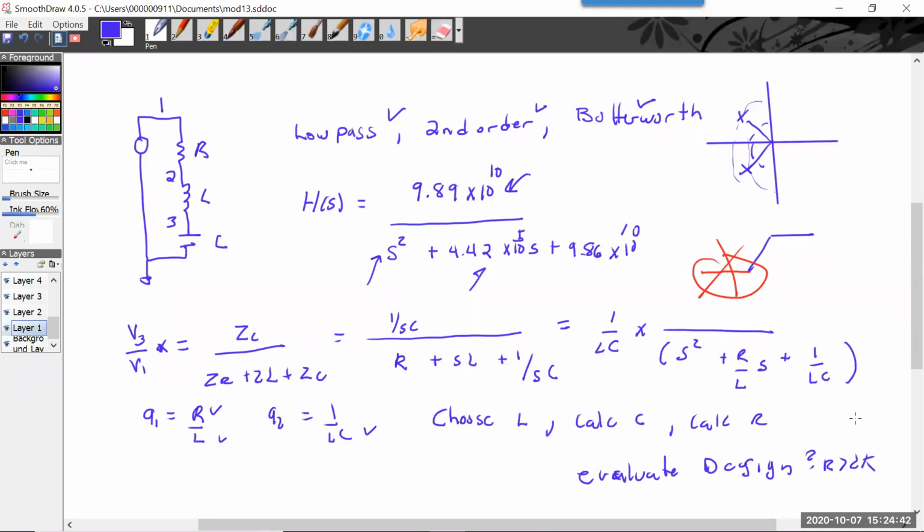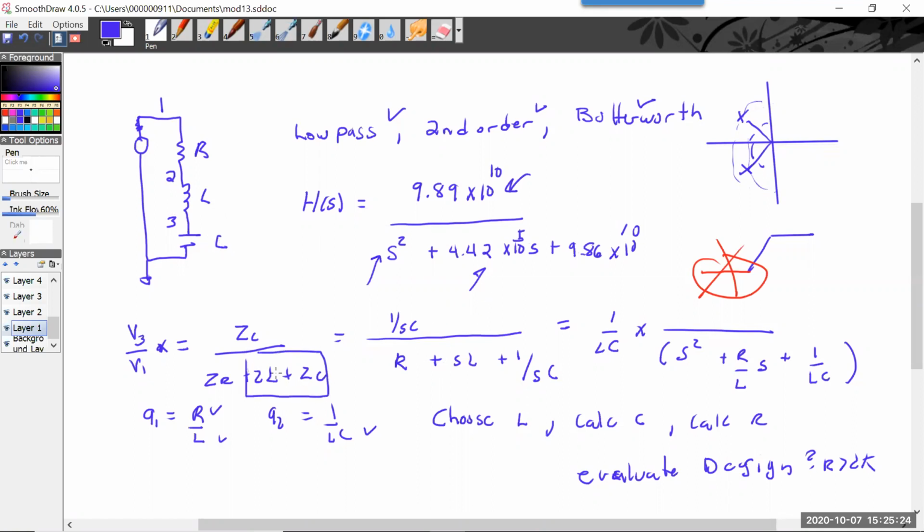I think I'll post these notes, but the reason why R has to be greater than 2K is you want this whole impedance to be bigger than whatever impedance is inside the voltmeter. But the impedance of the L and the C are changing. And what happens is at omega naught, the impedance due to the inductor cancels out the impedance due to the capacitor, right?